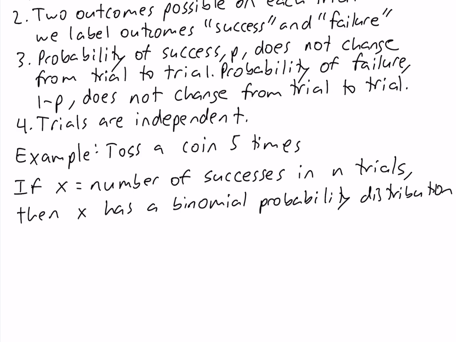So in our example, if we define x as the number of heads in the 5 tosses, then since the experiment is a binomial experiment, x is going to have a binomial probability distribution.